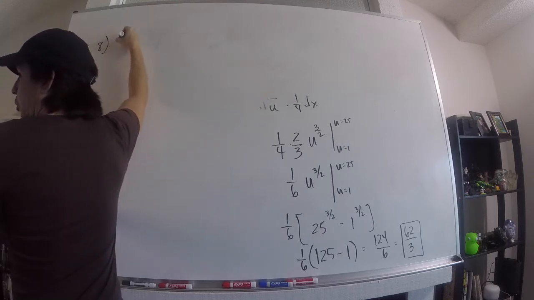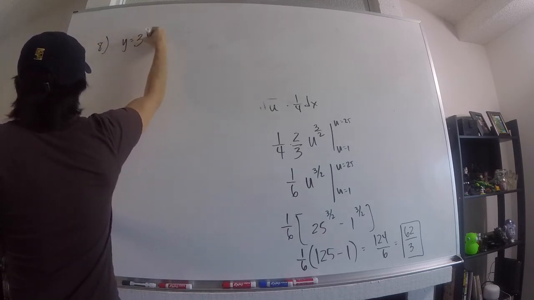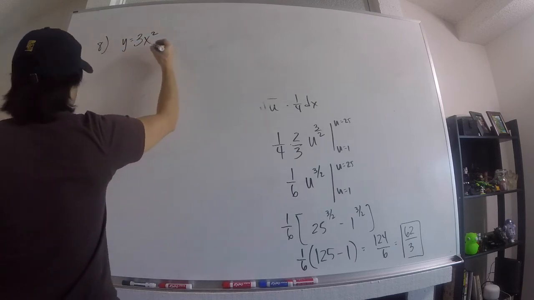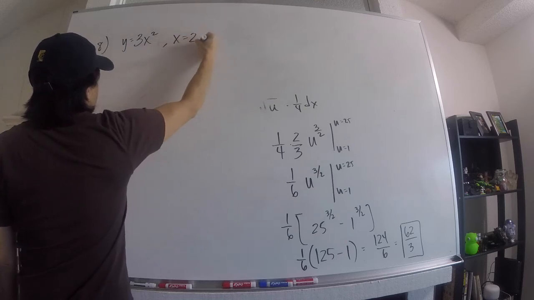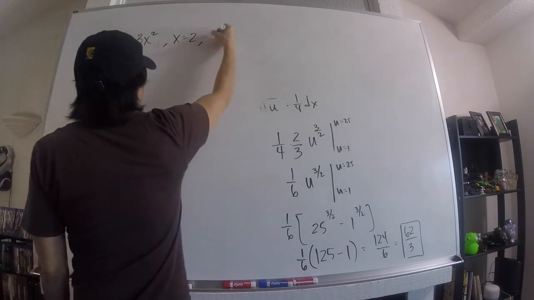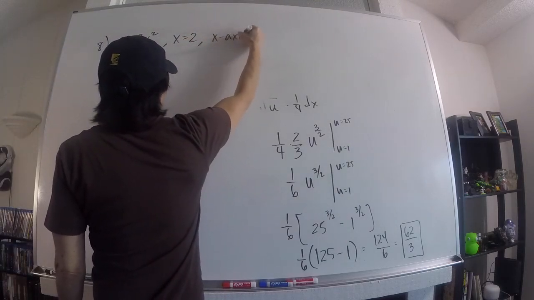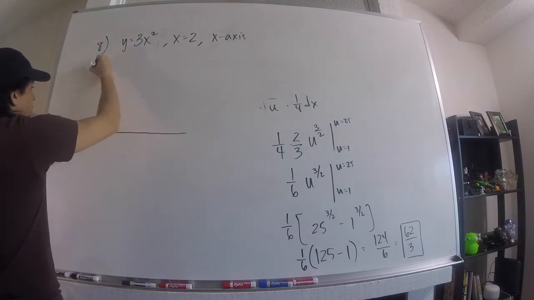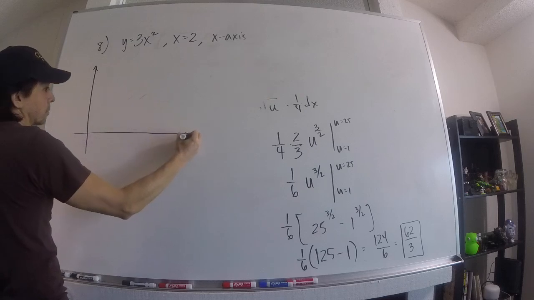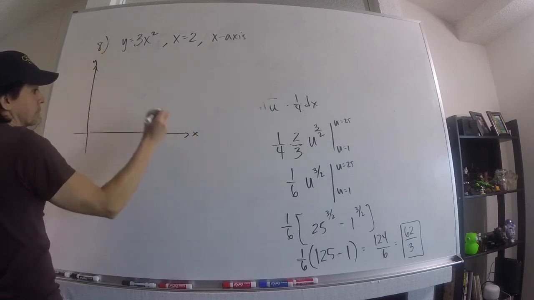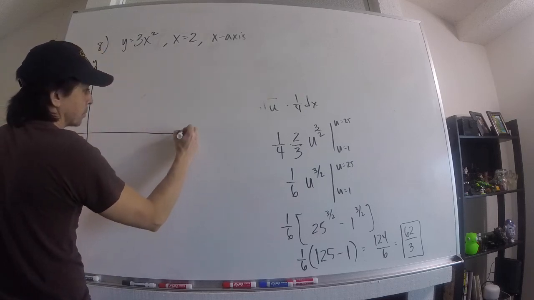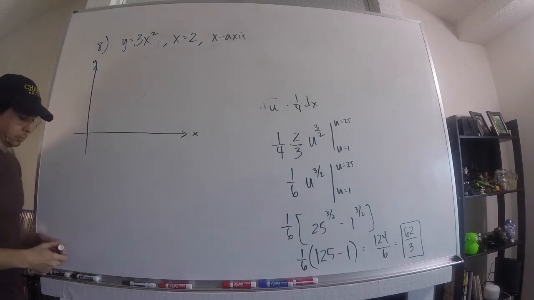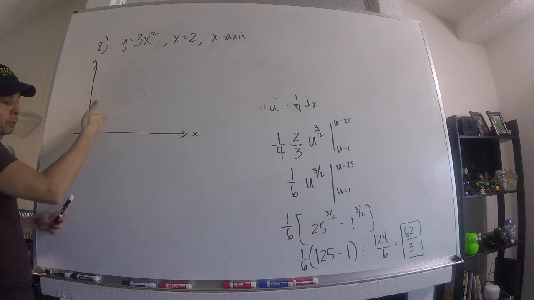I have several curves. Y is equal to 3x squared. Here's what I wanted to know, the general shape of that. Doesn't need to be super accurate. X equals 2 is another bounding curve, and the x-axis. So your y is equal to x squared is just your basic parabola.